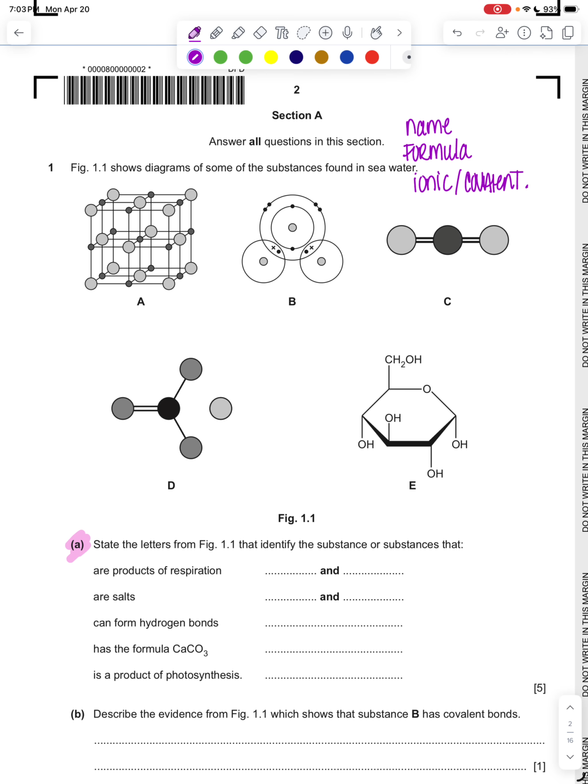Okay. This first one is sodium chloride. Makes the lattice structure. It is NaCl, and it's ionic. That means it gives and or takes electrons in order to have full outer shell.